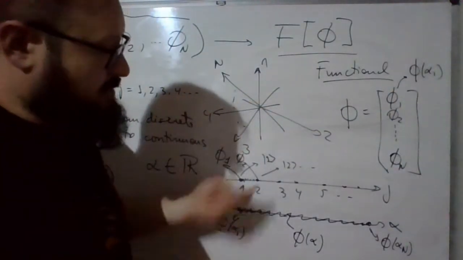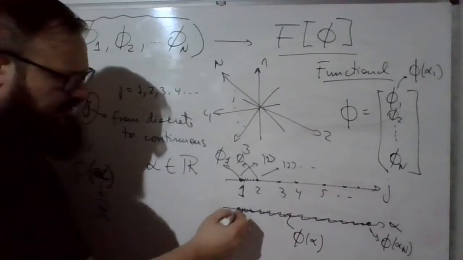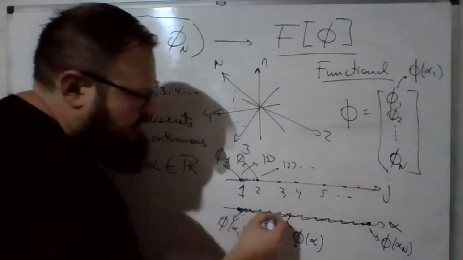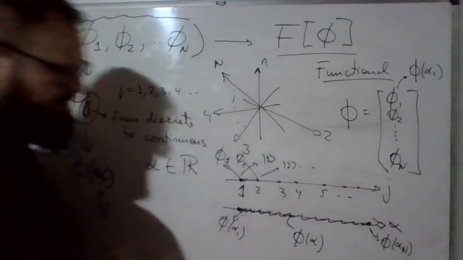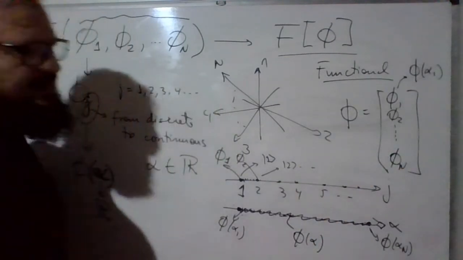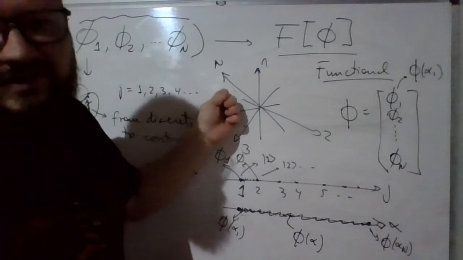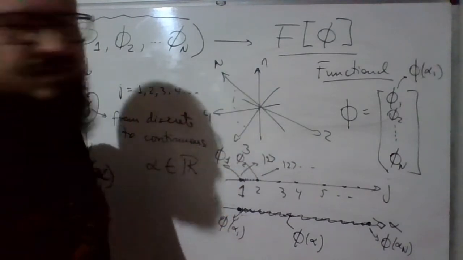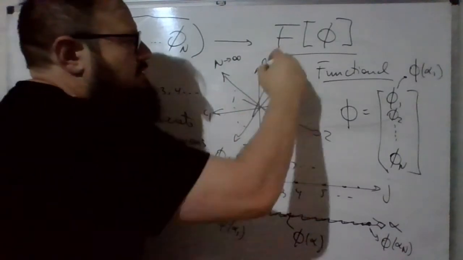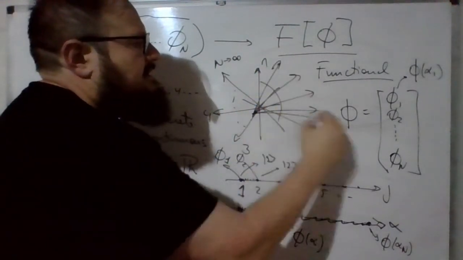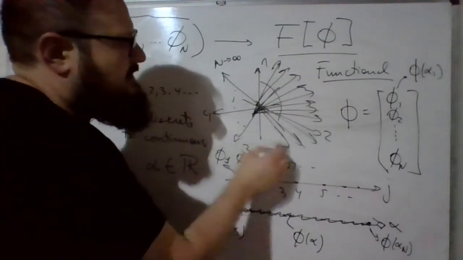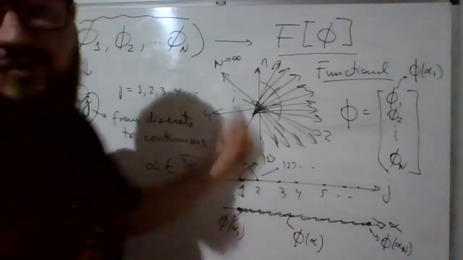So in Hilbert space I could attribute to each of these points in this straight line a vector in a Hilbert space, which was a discrete space, now becomes a continuous space with n going to infinity, and between 1 and 2, an infinite set of other directions, between 2 and 3, an infinite set of other directions, each of them orthogonal to the others.